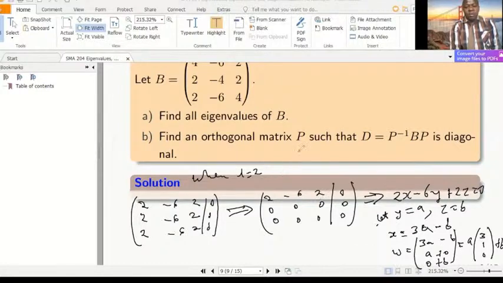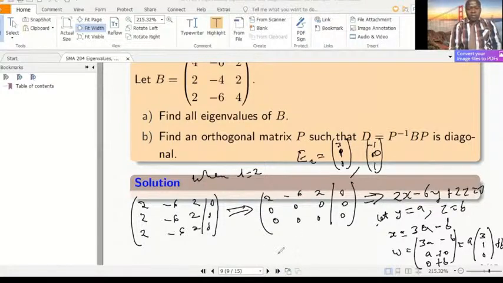So E2, we've said, would be (3, 1, 0) and (negative 1, 0, 1). So that is E2. Those are the eigenvectors when lambda is 2. From this, the other one is 3, 1, 2.